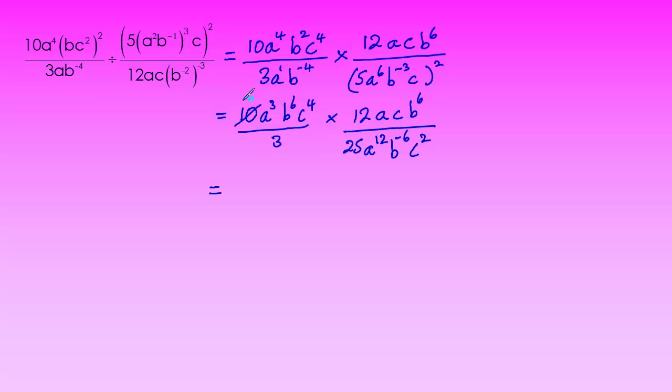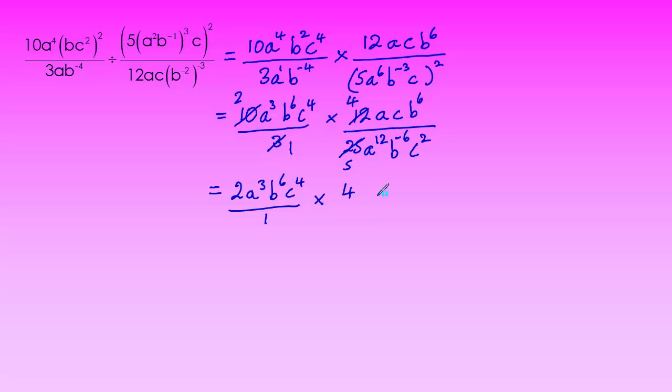Now 5 goes in here twice and into here 5 times. 3 goes in here once and goes into here 4 times. So we have 2 a cubed b to the 6 c to the 4 over 1 multiplied by.